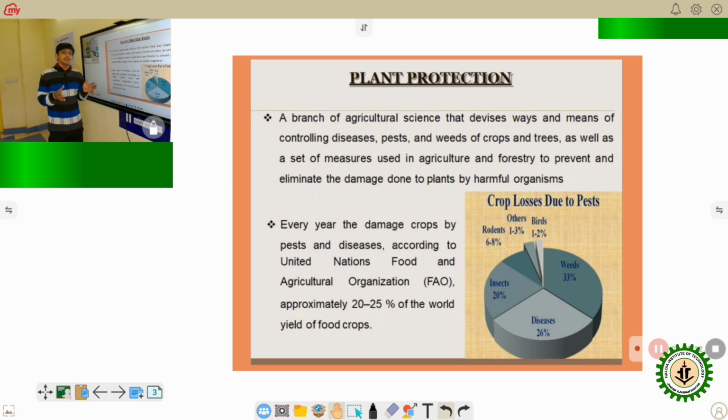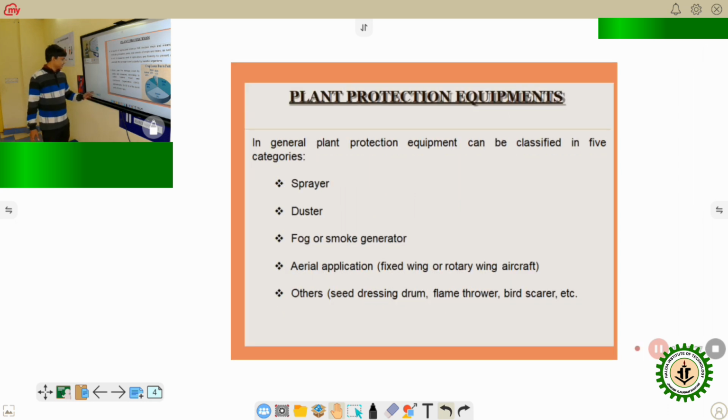We have to protect these crops from losses because we have a huge population. We have to feed them, and if we are able to reduce this loss, then the productivity of the agricultural field will become more. So I'm going to the next slide.